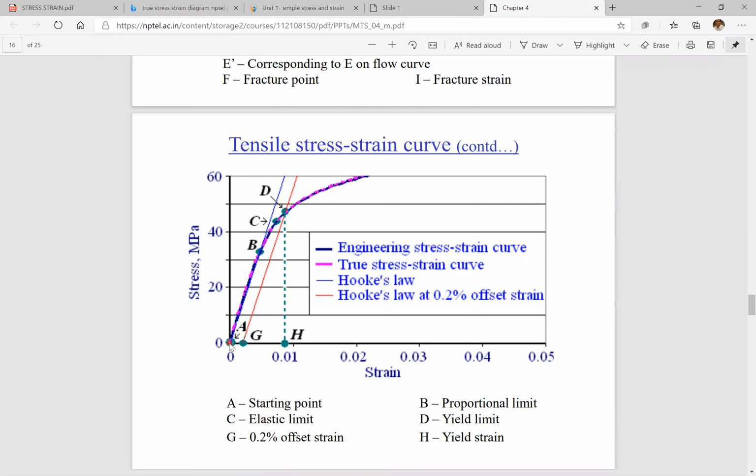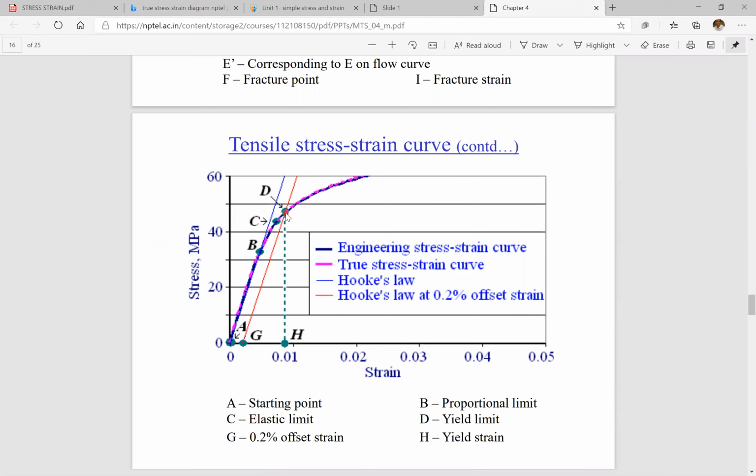From here we calculate 0.2 percent of this total strain, then draw a line parallel to this Hooke's law line, the blue line. This is the point where this line will intercept the curve. This intercepting point represents the yield stress of the material. This is the way in which we calculate the yield stress from the stress strain diagram.